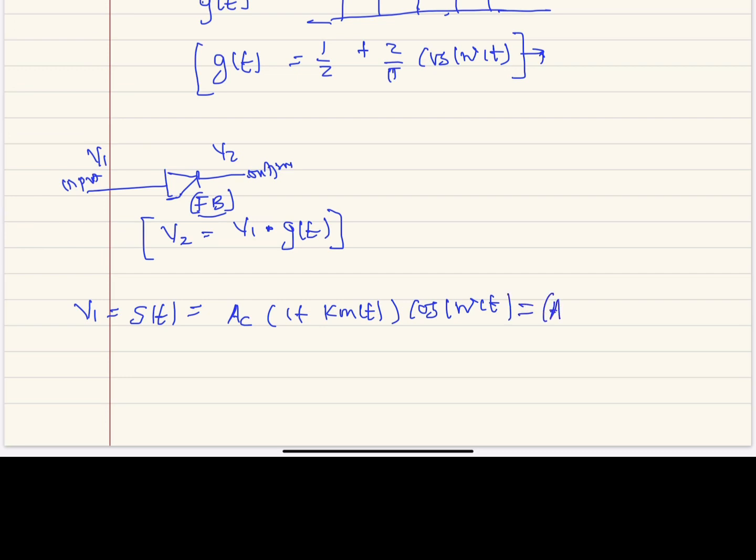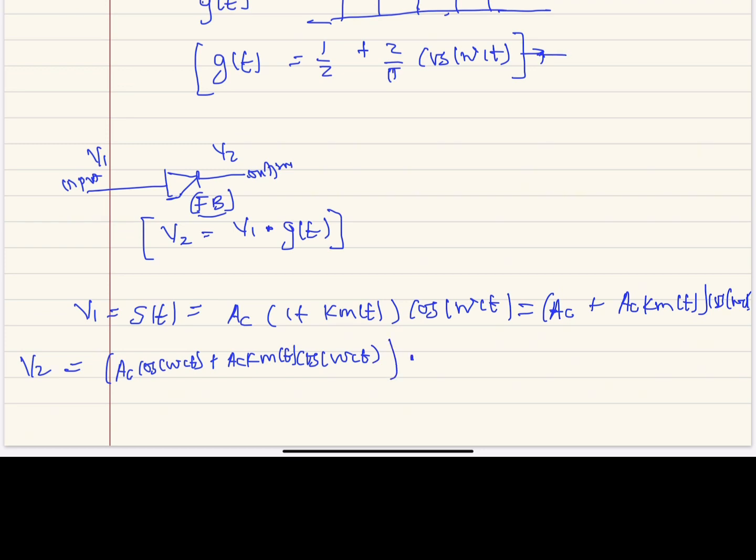So we have Ac cos ωct plus Ac km(t) cos ωct. Therefore, our V2, which is the output of the diode, is going to be Ac cos ωct plus Ac km(t) cos ωct, multiplied by g(t), which by using the Fourier series is 1/2 plus 2/π cos ωct. So this is what we have.